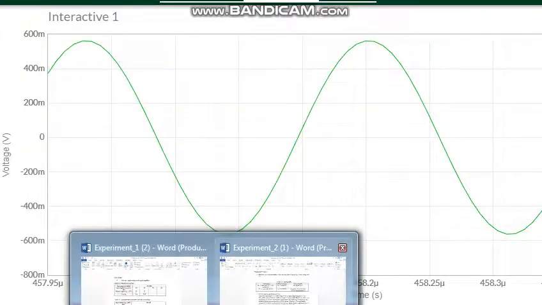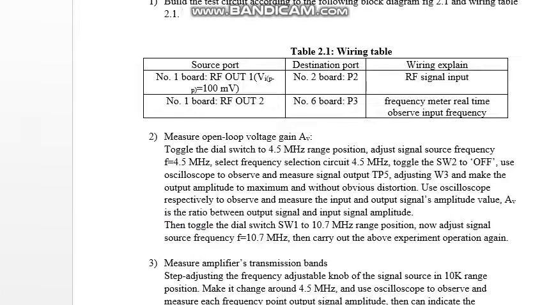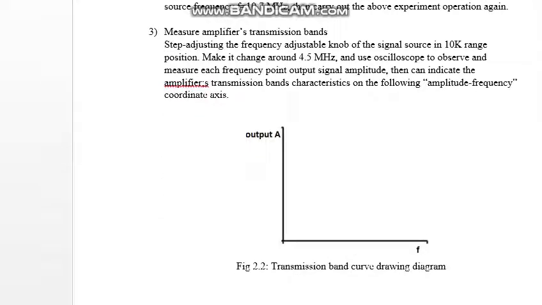So in this experiment, what they want from us is the frequency response. By changing the frequency, we have to draw the output and input frequencies. How can we do this? Here is the source in the 10 kilo range position. That means we have to take positions in the 10 kilo range in each portion to a certain value. First of all, we have to make a table of frequency versus output.